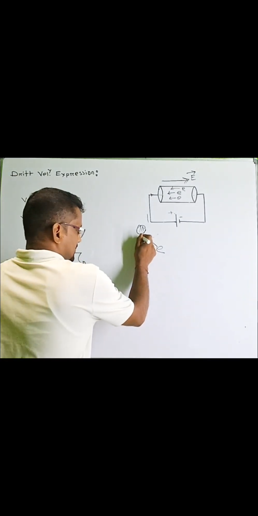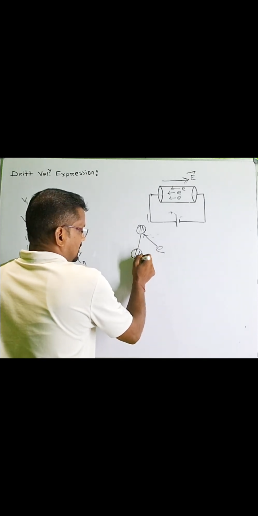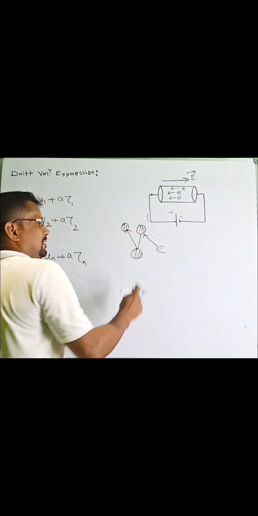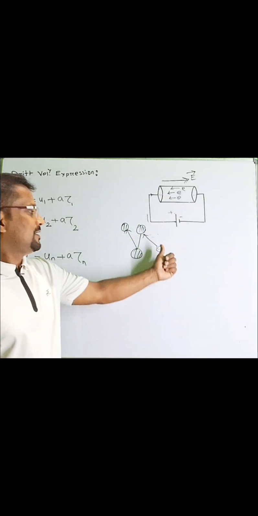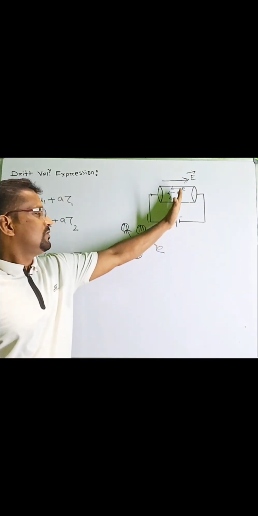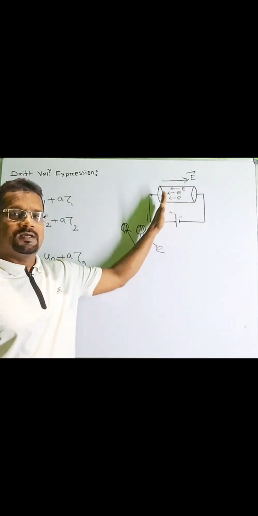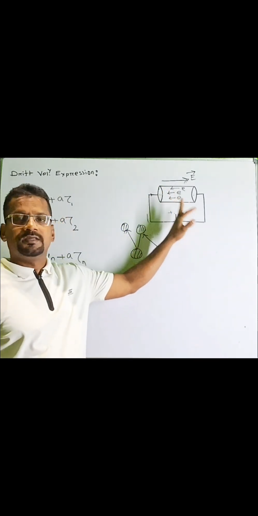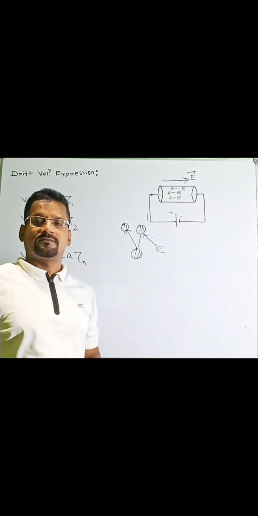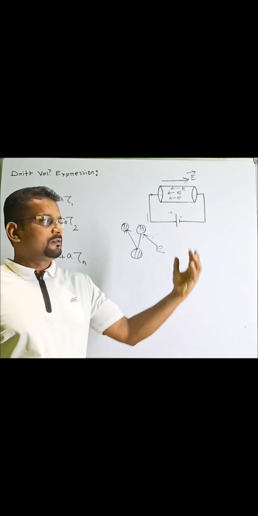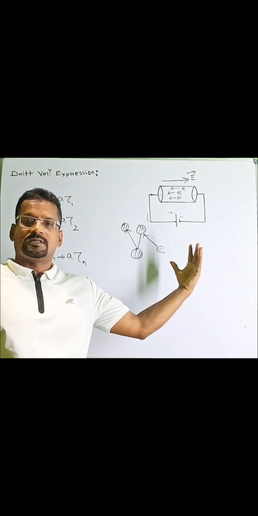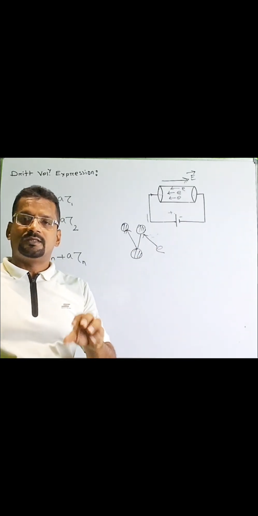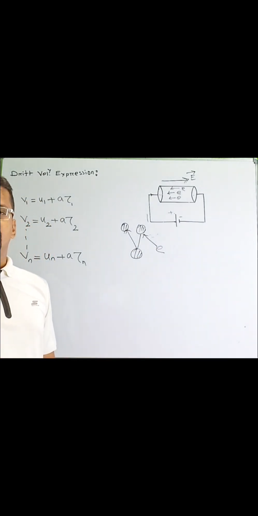Again it will accelerate, again collide, and again accelerate and collide. In that way, this electron starts to move towards the positive terminal, and it happens for each and every free electron. As a result, the free electrons as a whole start to drift towards the positive terminal. This is the drift velocity.